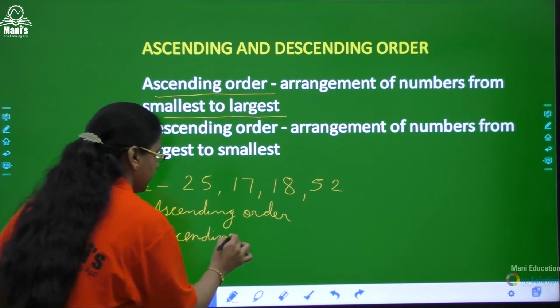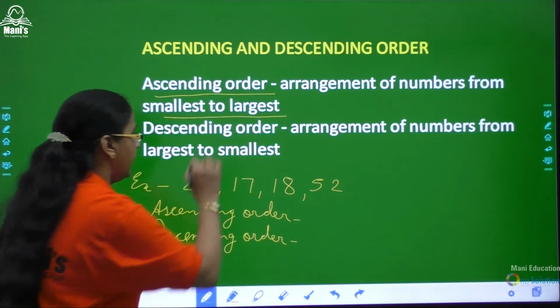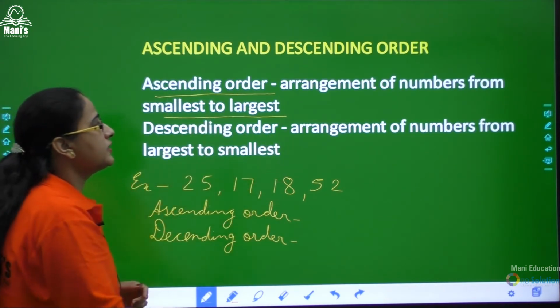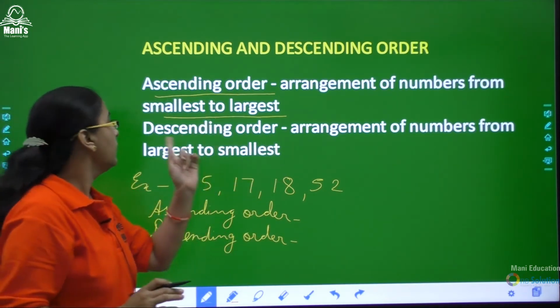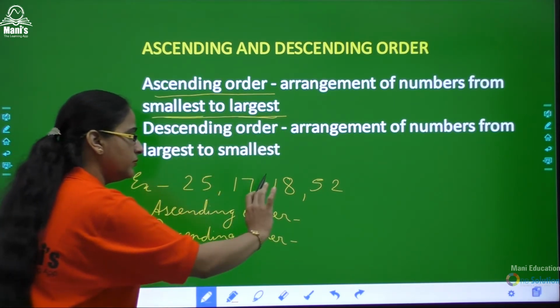As you arrange into the ascending order, it is clear from the definition that it is the arrangement of numbers from smallest to largest. Now you have to see these four numbers.